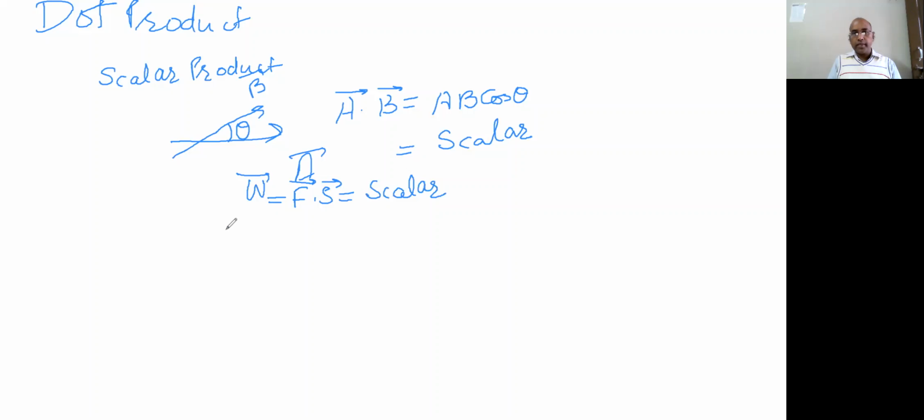Similarly, you have studied flux in class 12. What is flux? E dot dS. Again, it is a dot product, so it will be a scalar quantity. So dot product of two vectors is always a scalar quantity, and hence dot product is also known as scalar product.